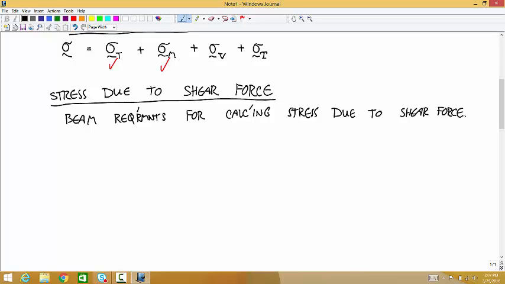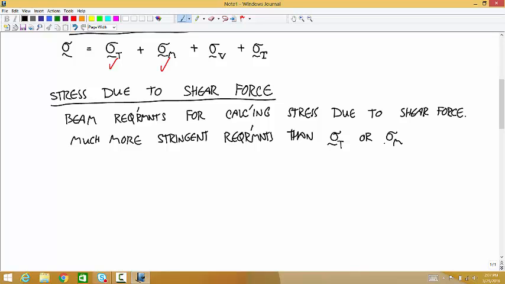So when we're doing calculations with shear force, we have a lot less flexibility in what kind of beams we can look at than we did with bending moments. So much more stringent requirements than stress due to tension or the stress due to bending moment.